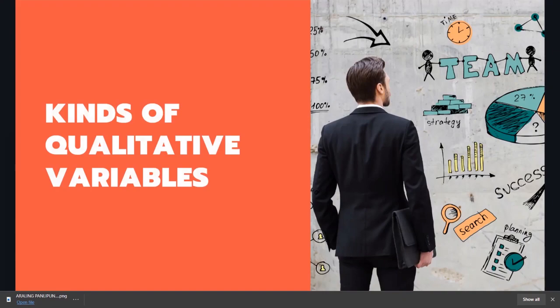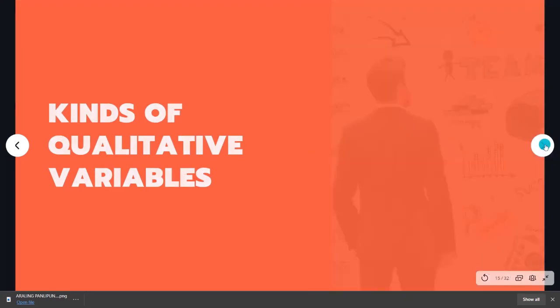Categorical variables are qualitative in nature. Despite lacking numerical value, these variables can still be used in quantitative research. So, categorical or qualitative variables are divided into two kinds. So let us see the kinds of qualitative variables.